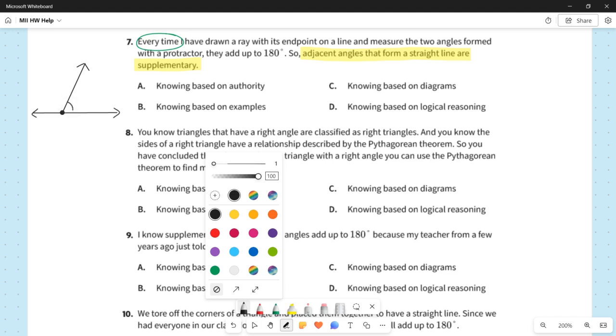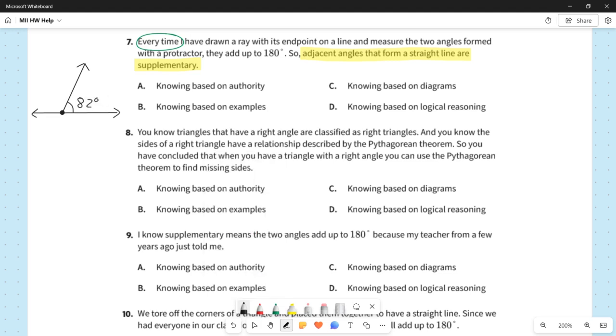Let's say we measure the angle on the right to be, let's say, 82 degrees, right? And then we measure the angle on the left, and the angle on the left is 98 degrees. And in this example, 98 plus 82 is 180 degrees.